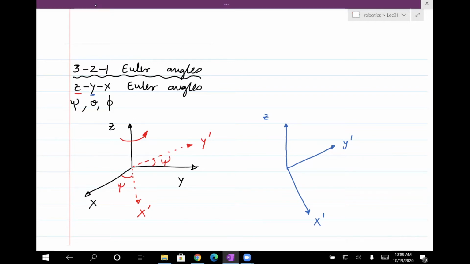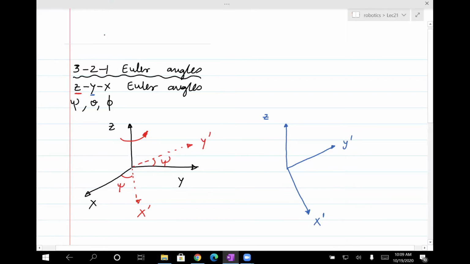The next rotation, which I'll show in red, is about the y-axis by an angle theta. Again, I curl my fingers along the positive direction, which happens when my thumb is pointing along the positive y prime direction.